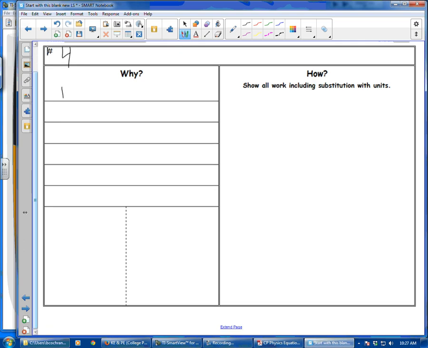The position is changing, so the potential energy changes.